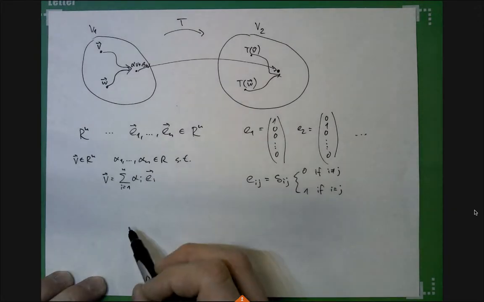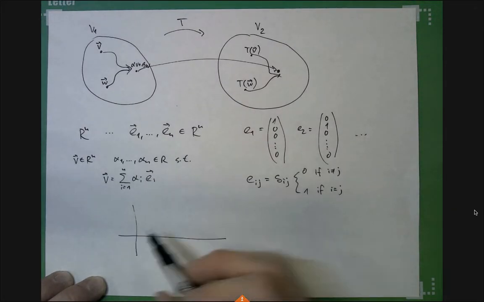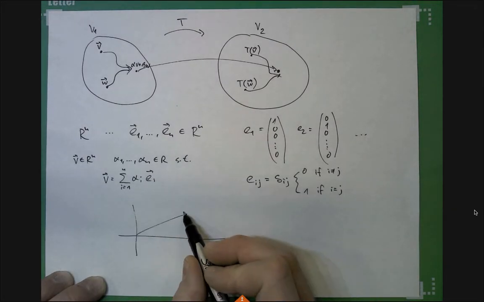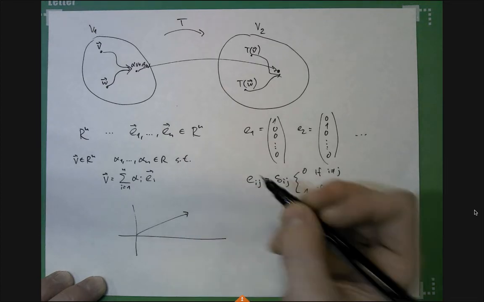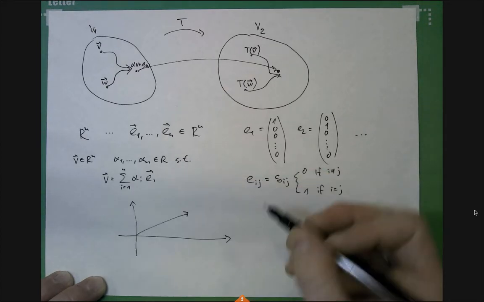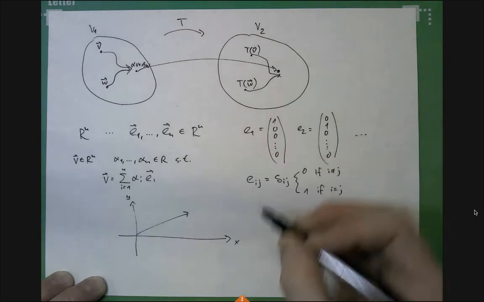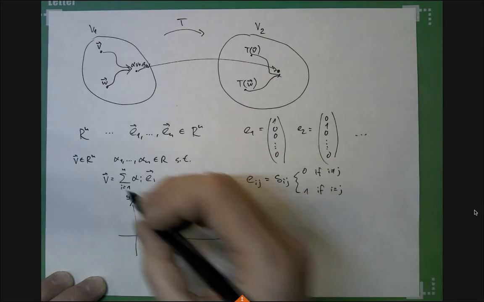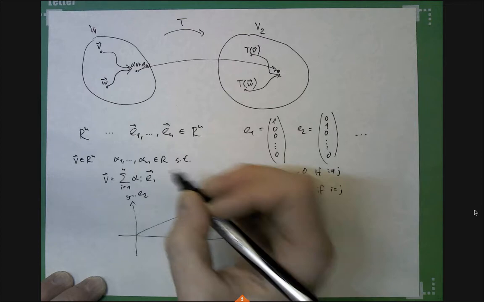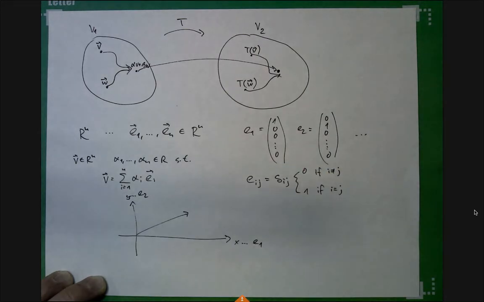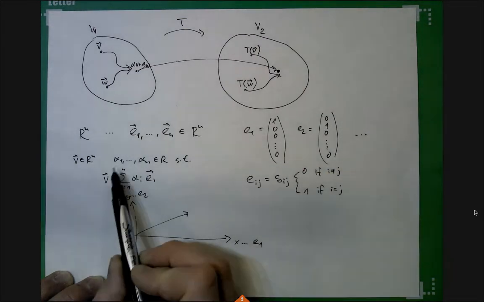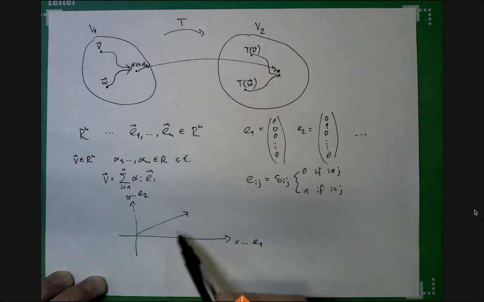The easiest way to visualize it is in 2D. If I have some vector v here, this is my standard basis, which I usually call just x and y, but in this notation you could call it E1 and E2. E1 and E2 obviously nicely generalize to higher dimensions, right? So what would be the alpha 1 and alpha 2 on this picture?